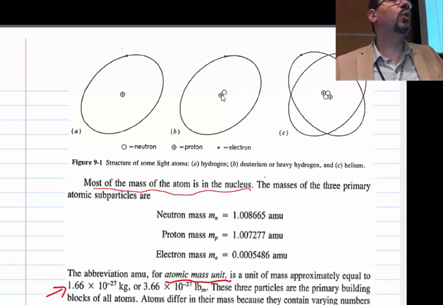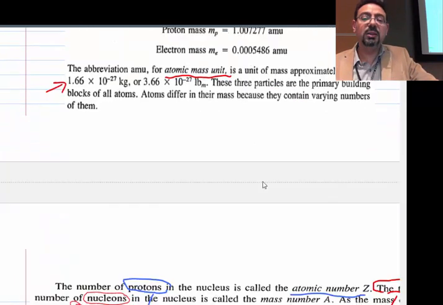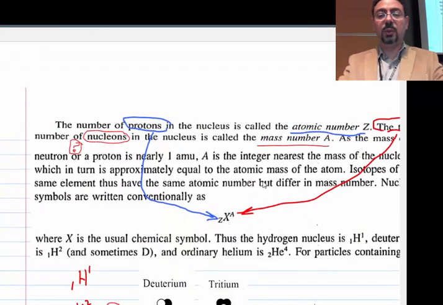Whether you have one more neutron or not basically makes the element a little bit heavier, and it's called an isotope of hydrogen, but it's still hydrogen. It's not going to change its name. So what determines whether it's hydrogen or oxygen or silicon or uranium is the number of positive charges inside. Okay, very good.